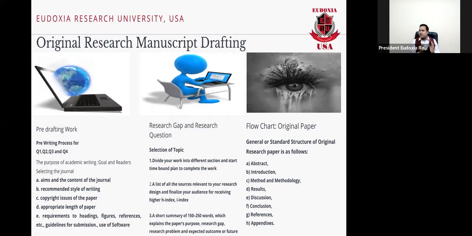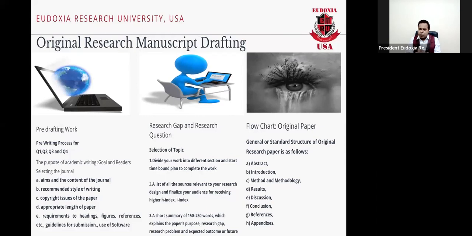That means we need to understand that the world of the internet is in your hand, and you can utilize this opportunity for drafting your paper. If you make it incredible, awesome, then your paper will appear everywhere, and you will have a good H index and a good impact journal in your hand.